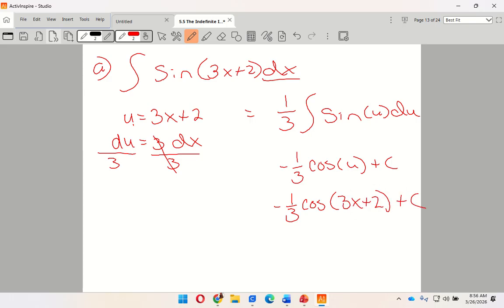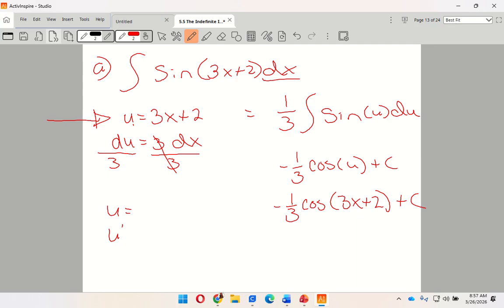There we go. How did you get du? So this is my u substitution, right? What I did is I took a derivative of both sides. Because in our chain rule, when we're doing the u substitution, it was u and then it turned into u prime. u prime is the same as saying du.